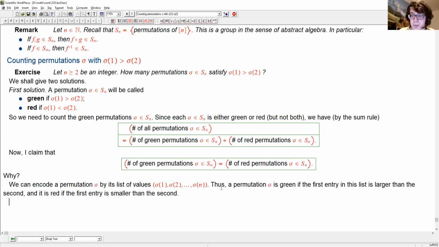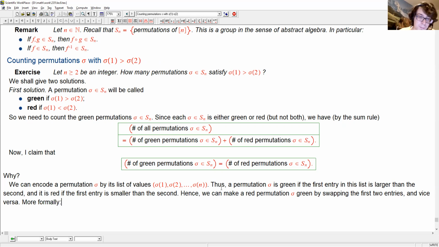So how do you make a red permutation green? You swap the first two entries. So hence we can make a red permutation sigma green by swapping the first two entries, and vice versa.